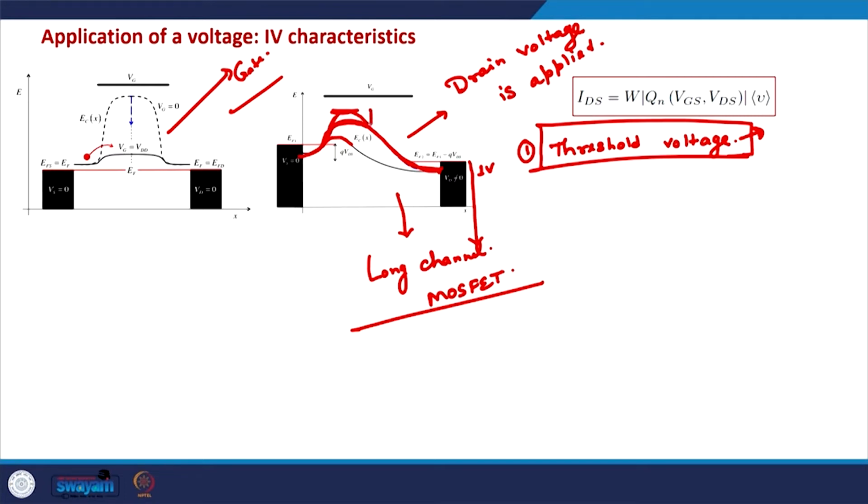So this barrier is somehow reduced because of the voltage on the drain terminal, which produces a high electric field in short channel MOSFETs.